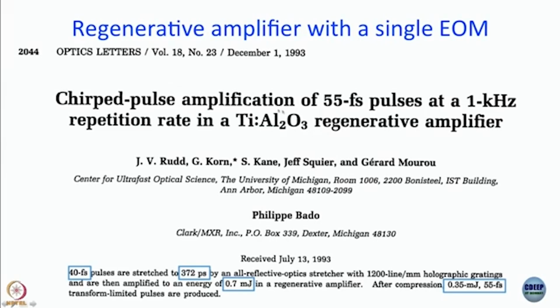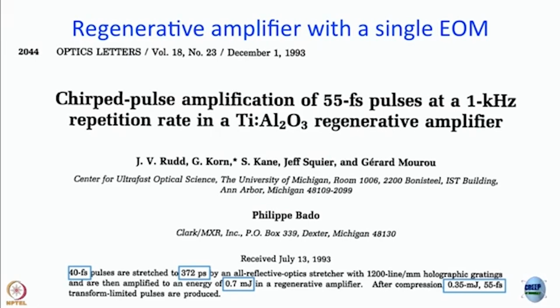But here this is an early report of an amplifier. Repetition rate is still 1 kilohertz, and what they had been able to do was take 40 femtosecond pulses as seed. I would like to give you the feel of the numbers as well. These 40 femtosecond pulses were stretched to 372 picosecond, and then the specification of the grating is also given, and it was amplified to 0.7 millijoule energy.